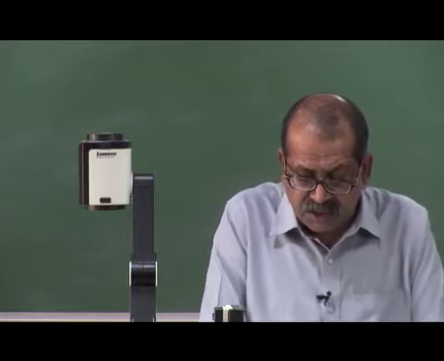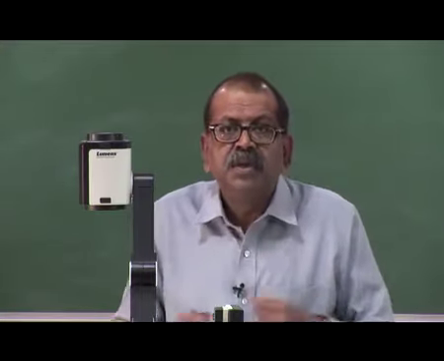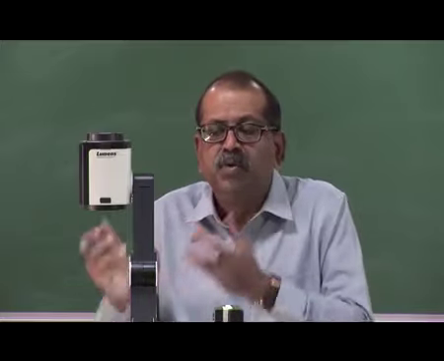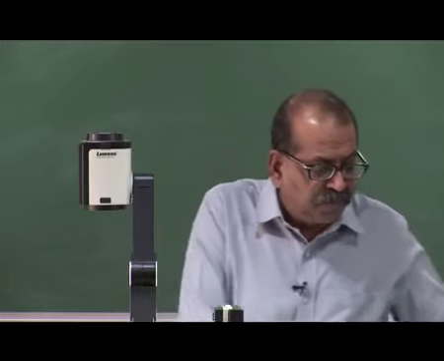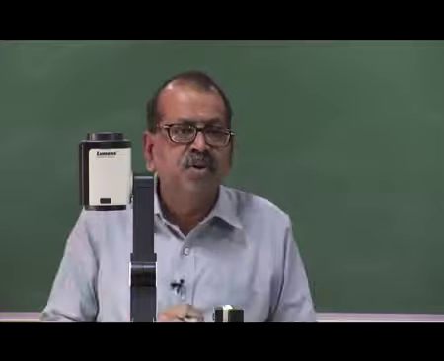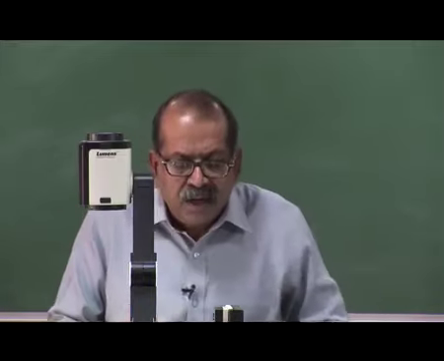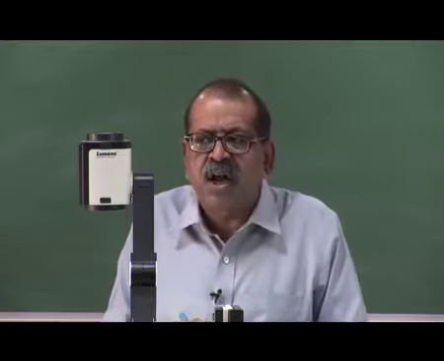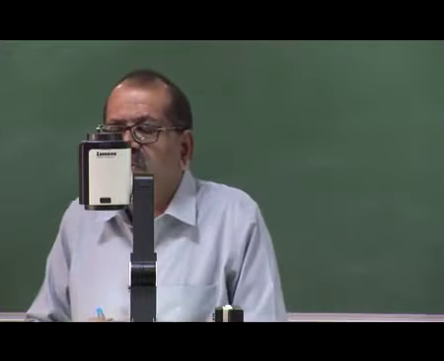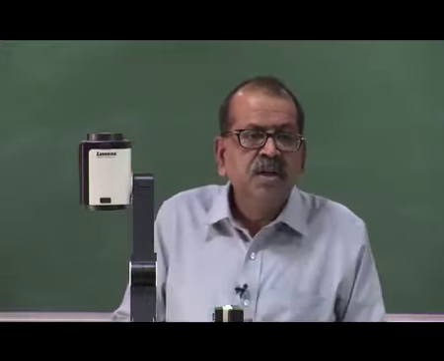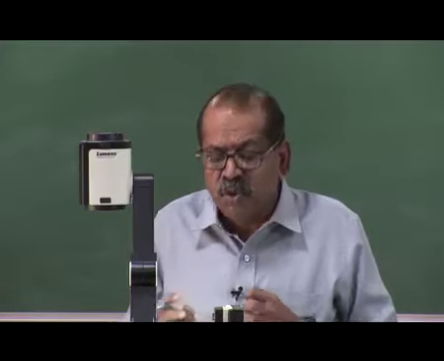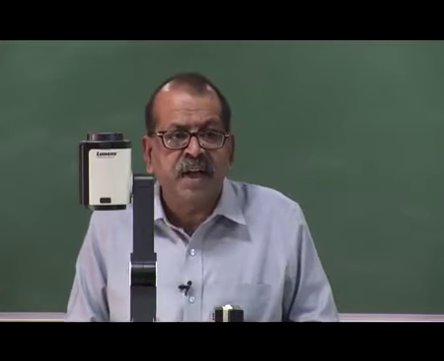Next, let us now take up some simple examples, and from there we will move to more complex cases. We have seen how to apply Newton's laws, and now in the remaining part of today's class and in the next 1 or 2 classes, we will solve some problems where we will use Newton's second law in a direct fashion with F is equal to ma.